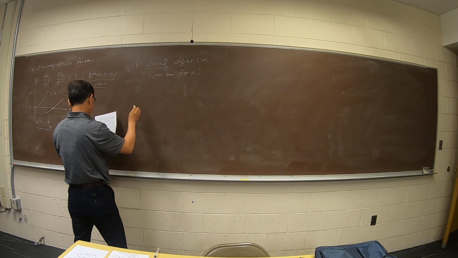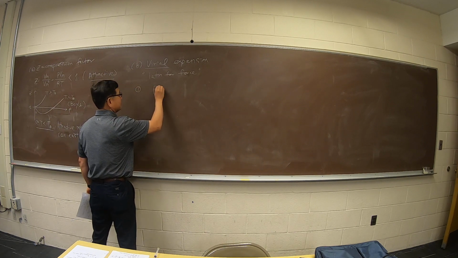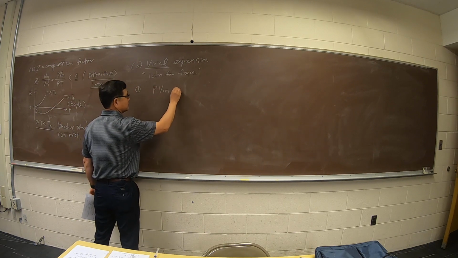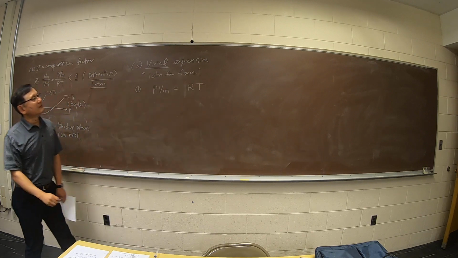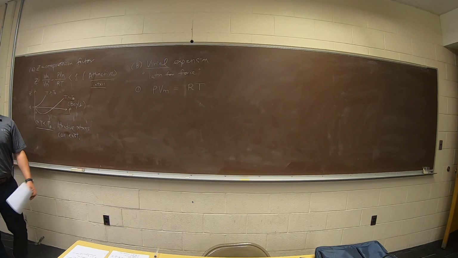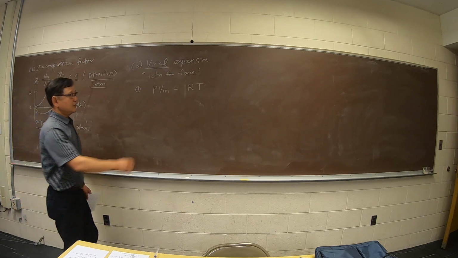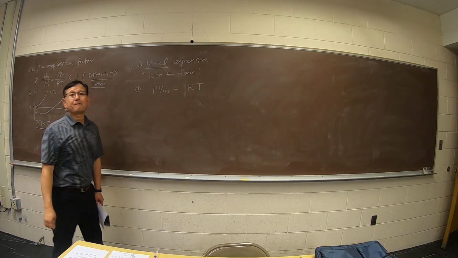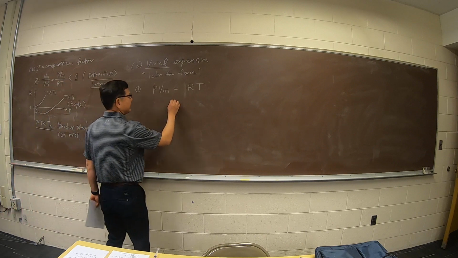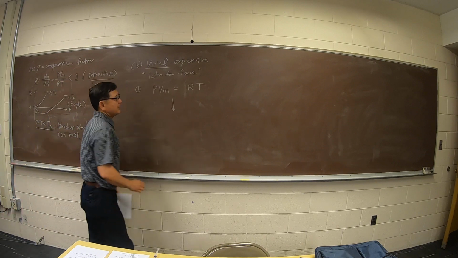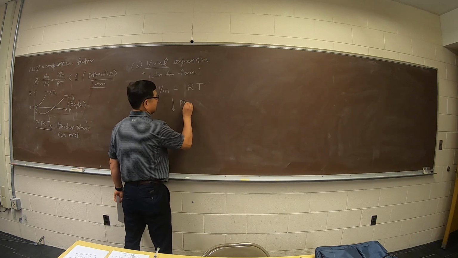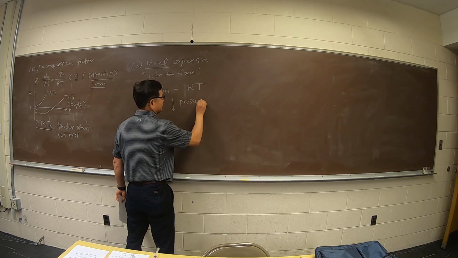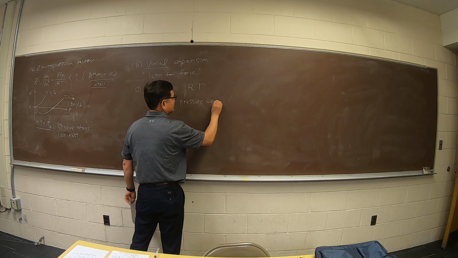First, let me start with something that I'm so comfortable with. That's where you have no interaction. That's the ideal gas law. Then I am going to put in this idea about pressure dependence.